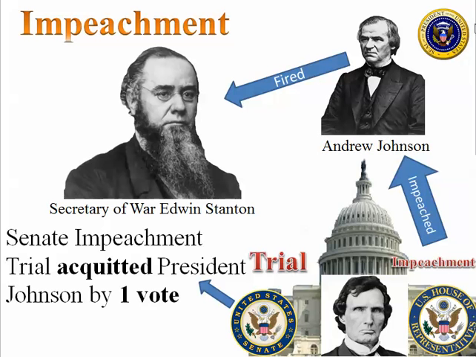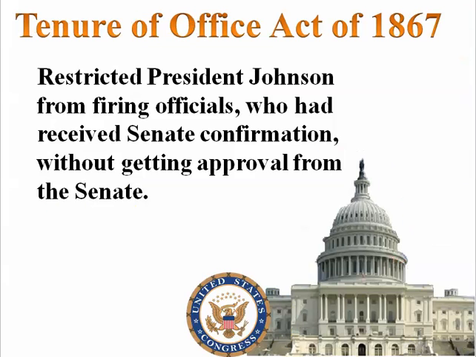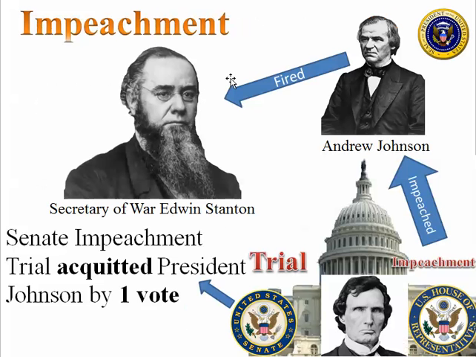This is the first time in U.S. history that a president has been impeached, and this is Andrew Johnson. There were 13 articles of impeachment, all reworded, and every one of them meant basically that he violated this Tenure of Office Act by firing Edwin Stanton. So there's really only one.